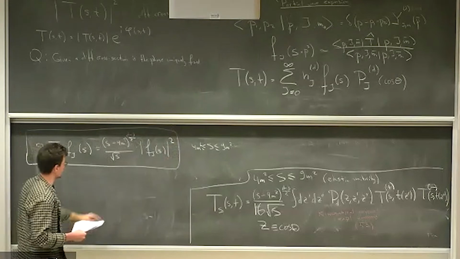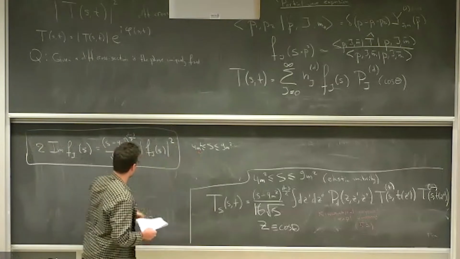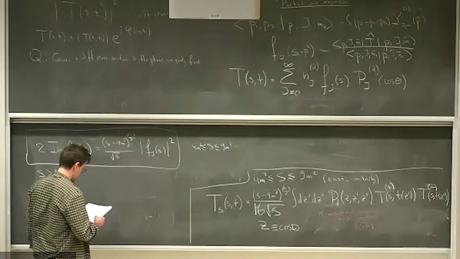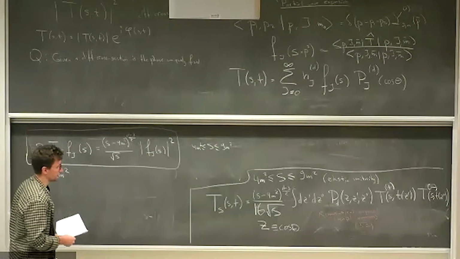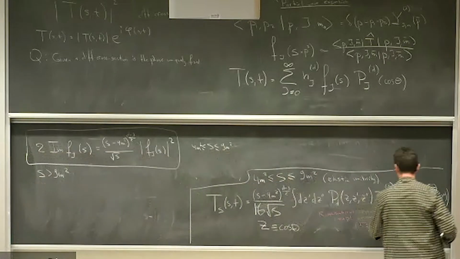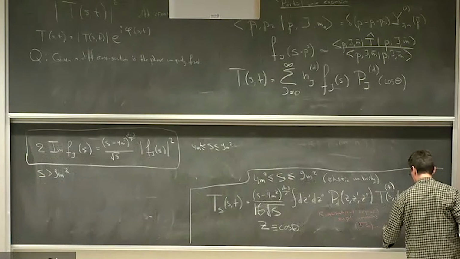Now, what happens as we go above production of new particles? Well, it's very easy. What happens is that in this equation, remember, the new terms appear, the multi-particle terms.